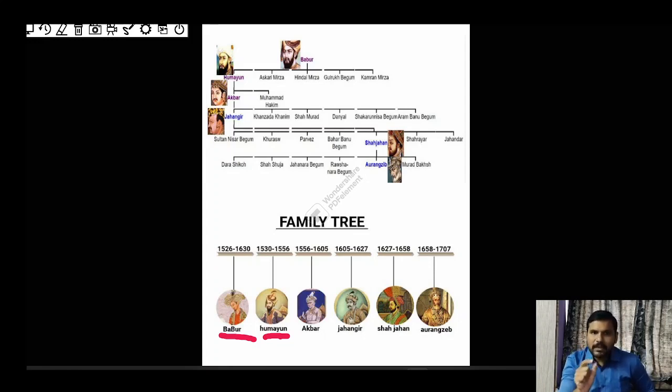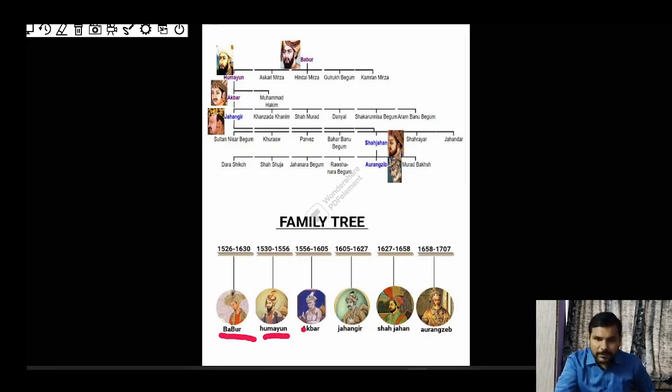Then for a brief period Sher Shah Suri is the emperor, and Humayun runs to Persia, to Iran. There he forms some alliances, and again he comes back and takes back the throne from Sher Shah Suri. So you have the Humayun period, then Sher Shah Suri, and then again Humayun.